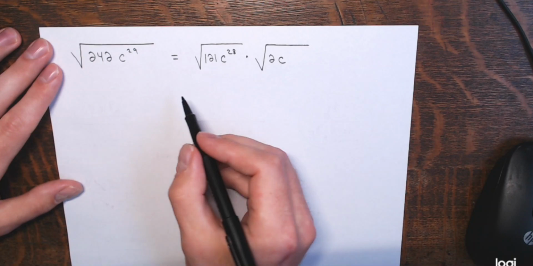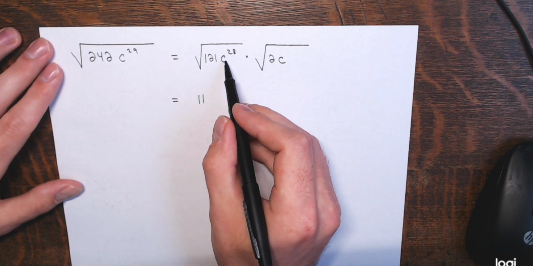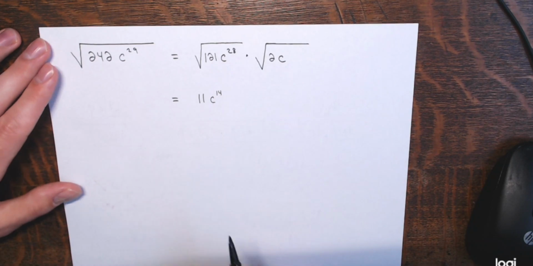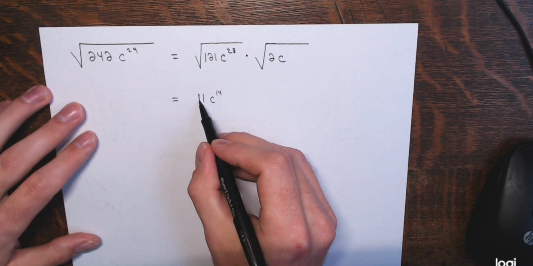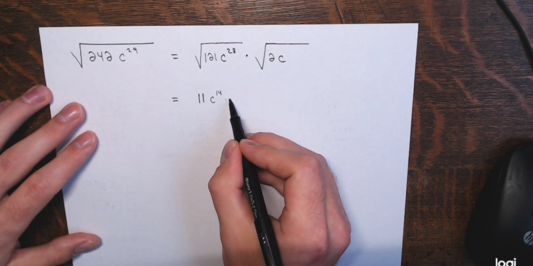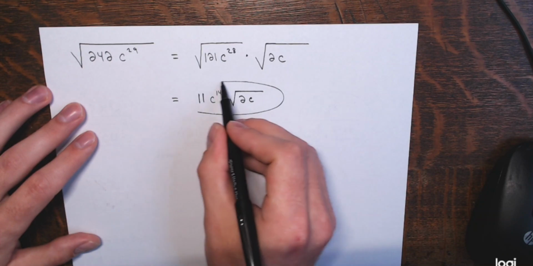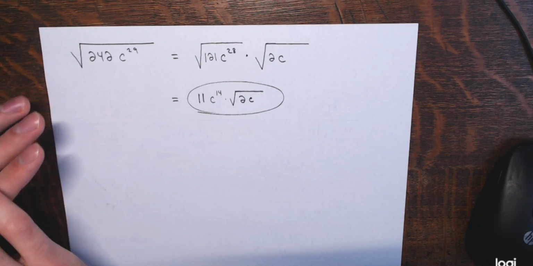And then I simplify, this would be 11. The square root of c to the 28th would be c to the 14th, because c to the 14th squared would be c to the 28th. So I have 11 c to the 14th times the square root of 2c. And this expression here should have the same value as the expression I started with for any positive value of c.